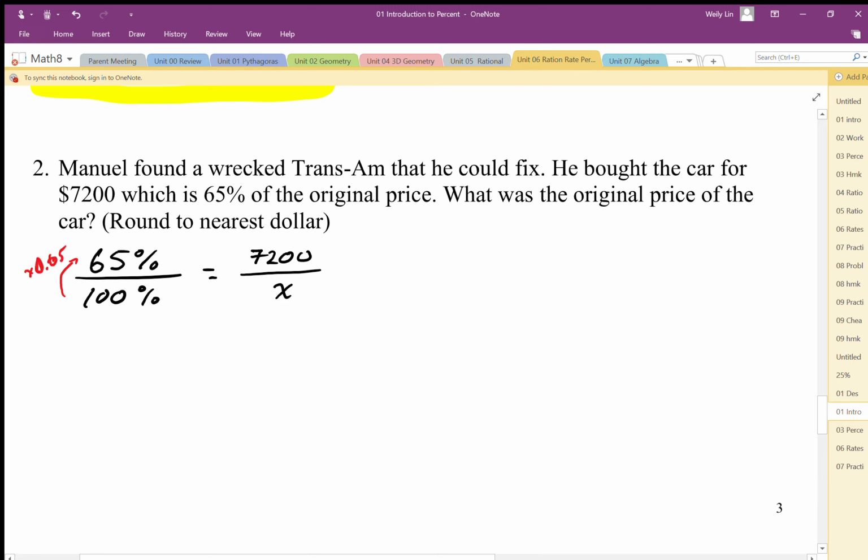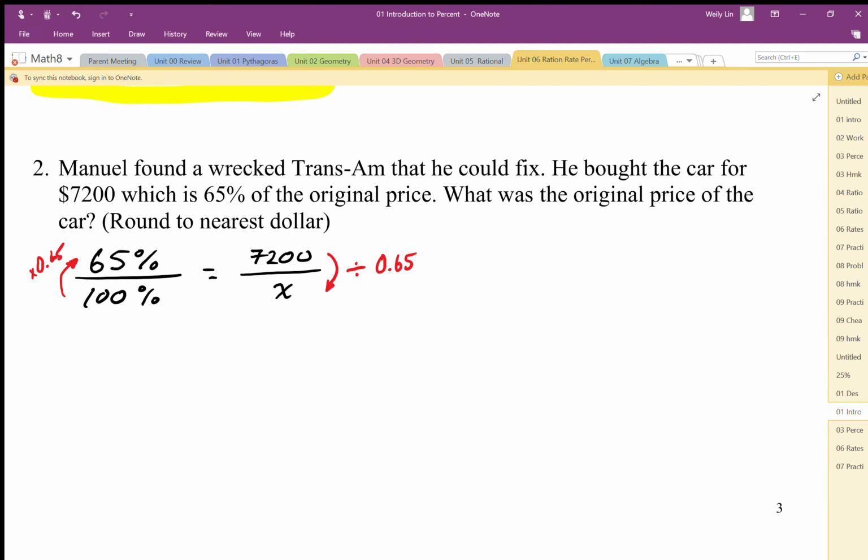I'm going to go in the opposite direction. So I'm going in this direction. Again, the directionality of this multiplication is important, because now, because I'm going in the opposite direction, I'm going to divide by that 65%.